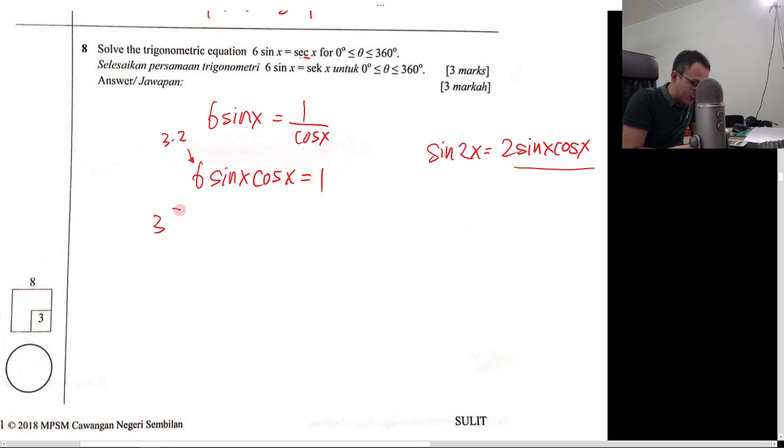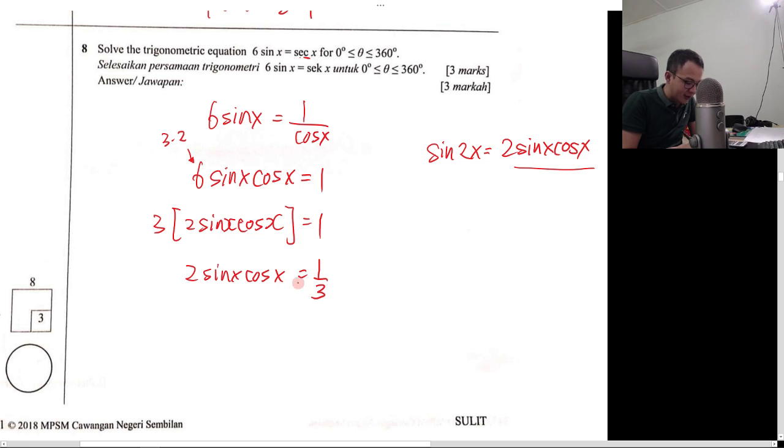So 3 multiply 2 sin x cos x equals to 1. Therefore 2 sin x cos x will equal 1 over 3, because I move the 3 to the other side. What is 2 sin x cos x? Equal to sin 2x, right? Sin 2x will equal 1 over 3.